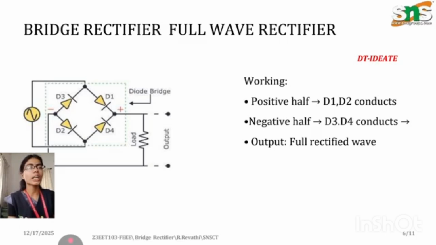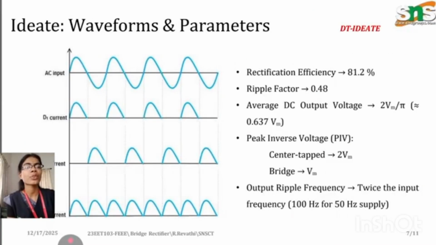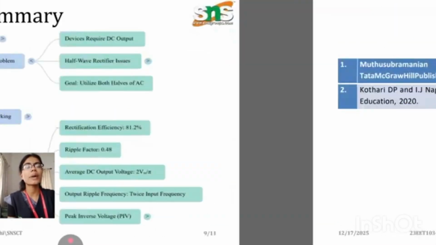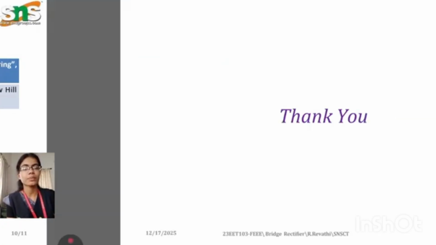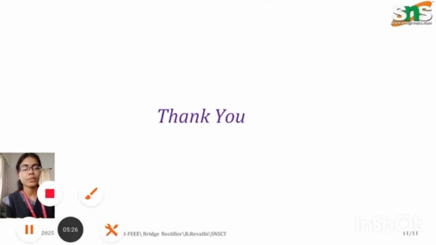The output is gained across the load. The diode bridge conducts across positive and negative half cycles, where D1 and D2 conduct in the positive half cycle and D3 and D4 in the negative half cycle. So this is the basic construction and working of a bridge rectifier. Thank you.